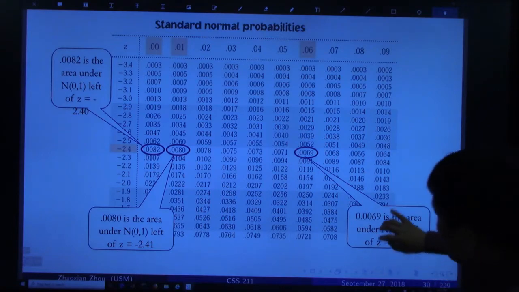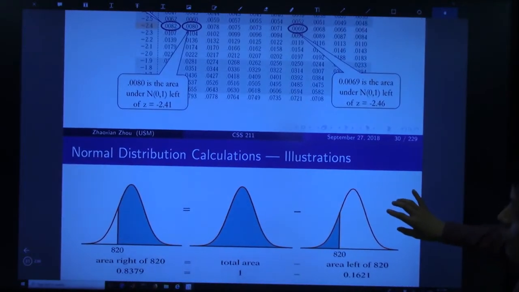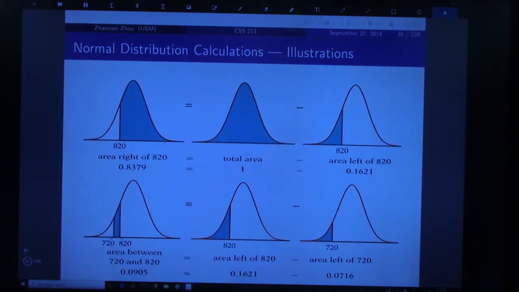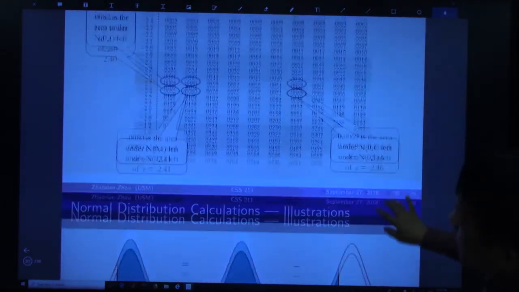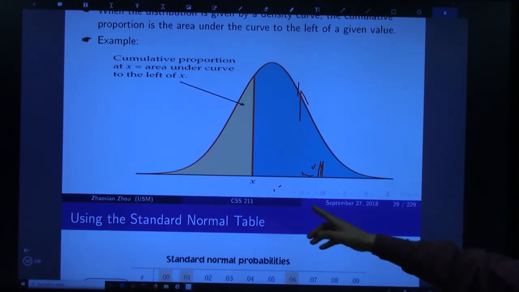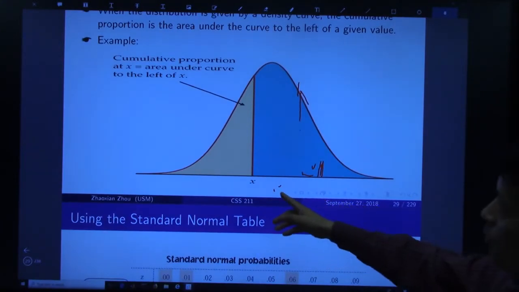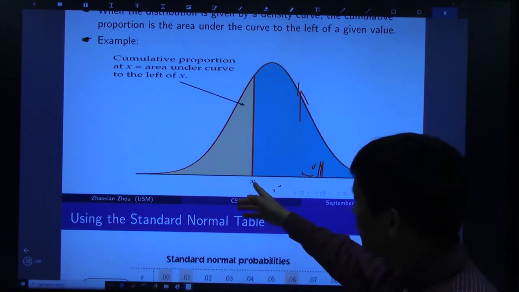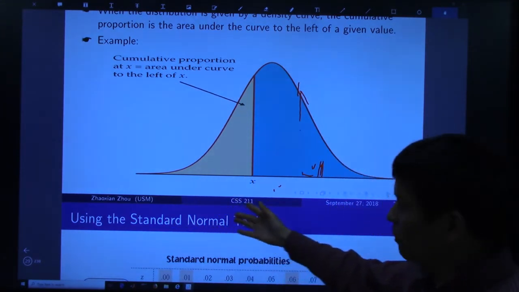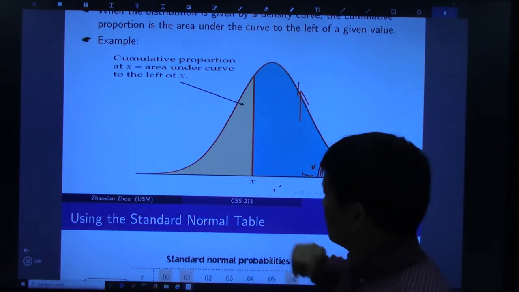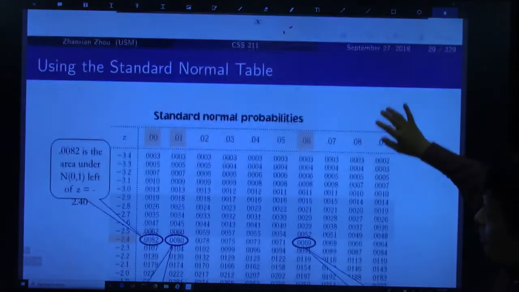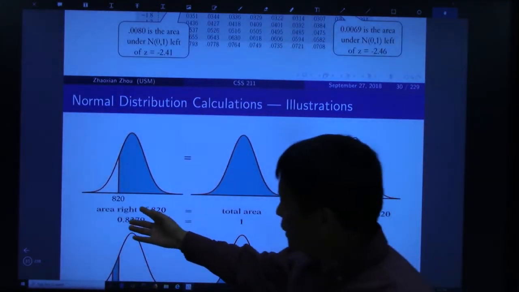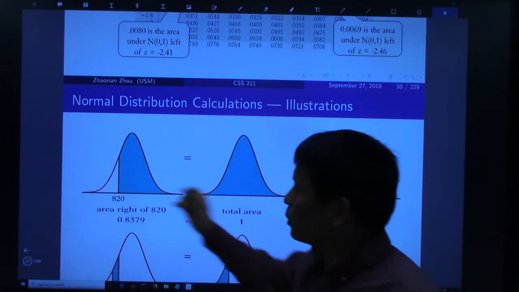Next we discuss how to do normal distribution calculations. This first example is very simple. If I want to know the cumulative proportion of the data that's less than or equal to x, we just check table A, from negative infinity all the way to here. How about if I want to know the proportion of data that's above 820?